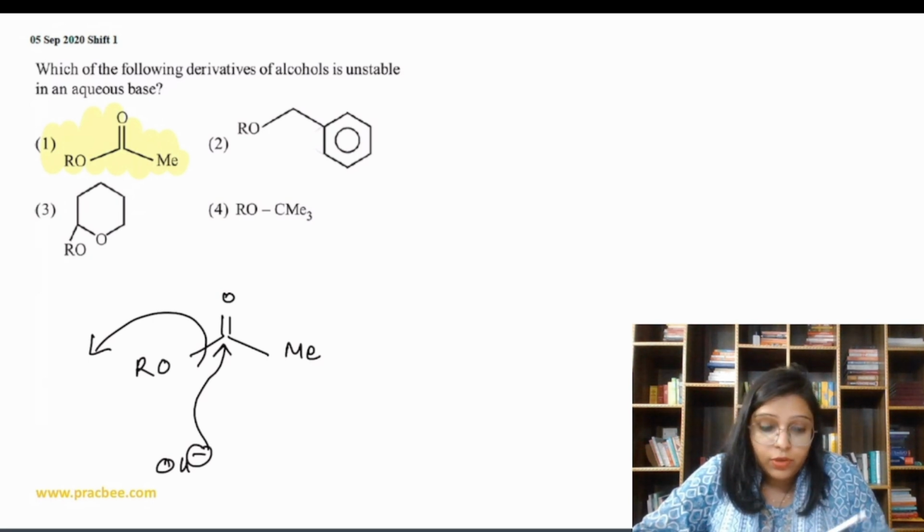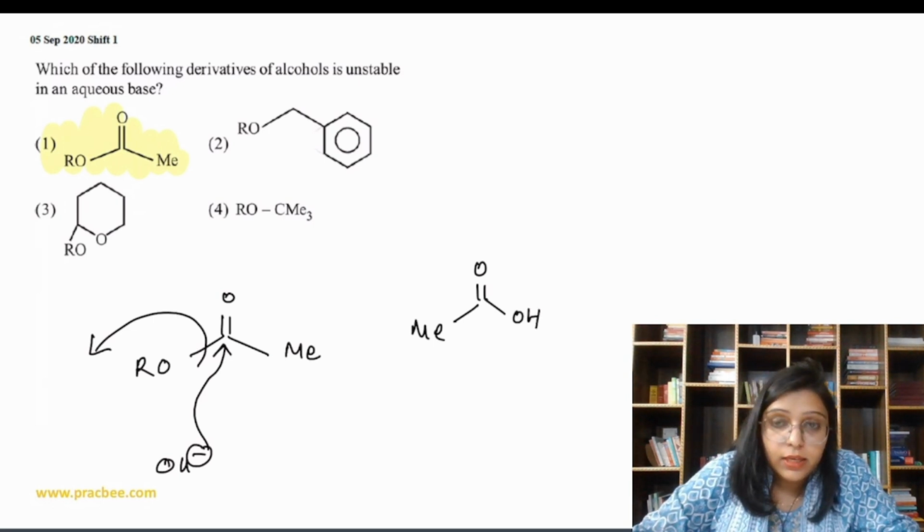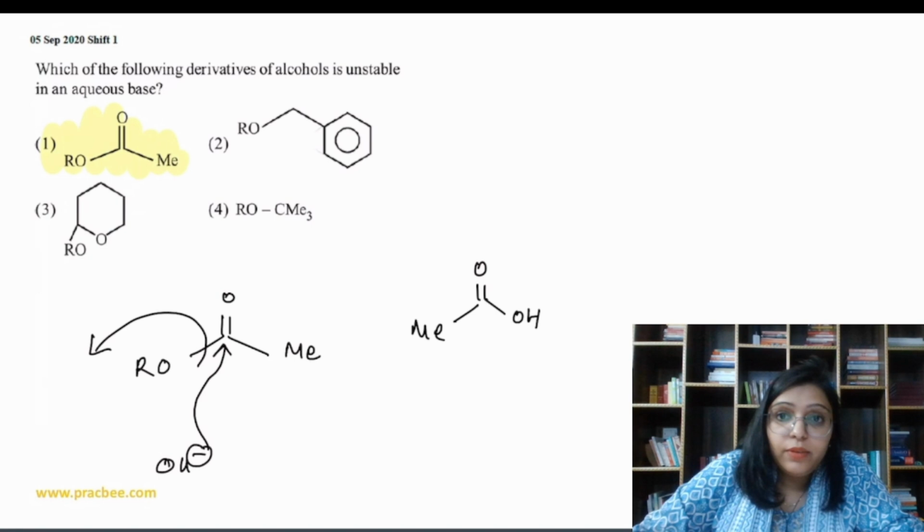So we get Me double bond O and we get OH over here. Is it clear? The question says which of the following derivatives of alcohol is unstable in an aqueous base? It means from the alcohol we can form this thing, right?